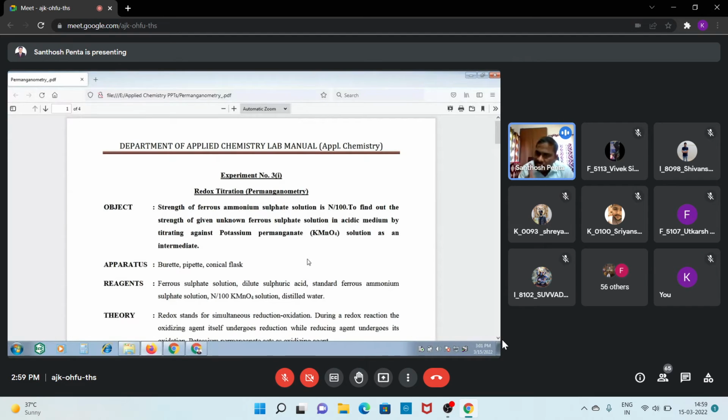What you are saying is correct: strength should always be calculated by multiplying the normality with the equivalent weight. But here N/100 was clearly mentioned, which means its concentration was given. Okay? Okay, sir. Thank you.